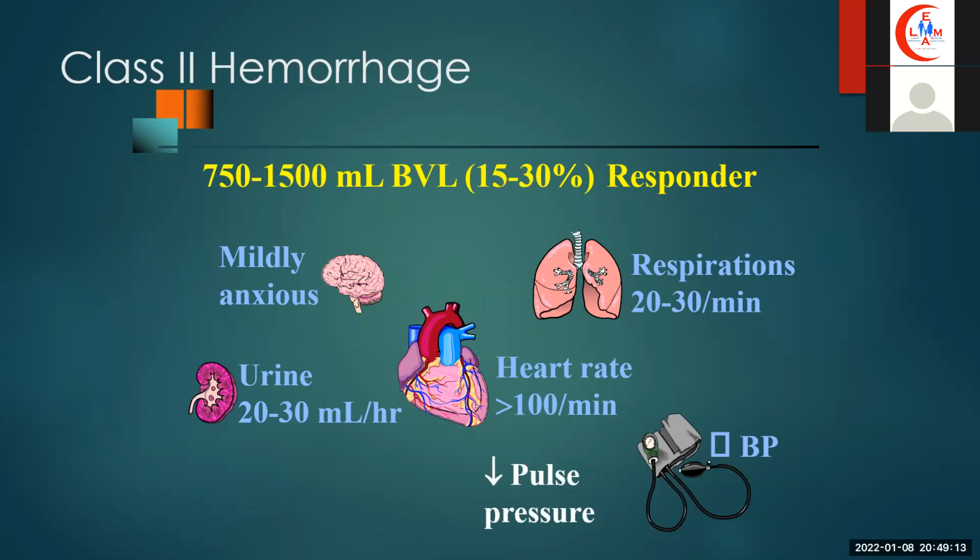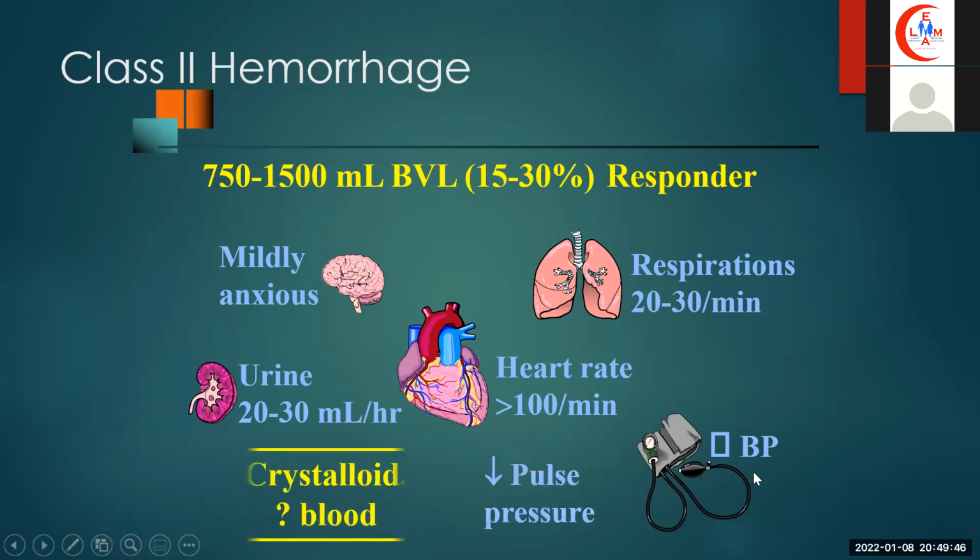Because the pulse pressure is the systolic minus diastolic blood pressure. So because of the vasoconstriction, there will be an increase in the diastolic blood pressure. The systolic blood pressure will be low and the diastolic blood pressure will be high. So that's why if you measure the pulse pressure, it will be low. But the systolic blood pressure will be normal. And those patients respond to crystalloid, and you might think about giving them blood.